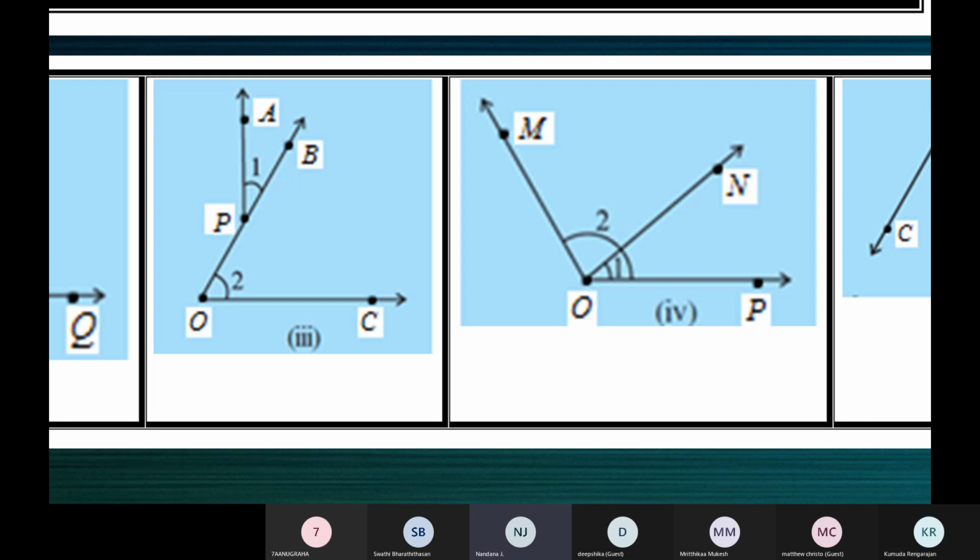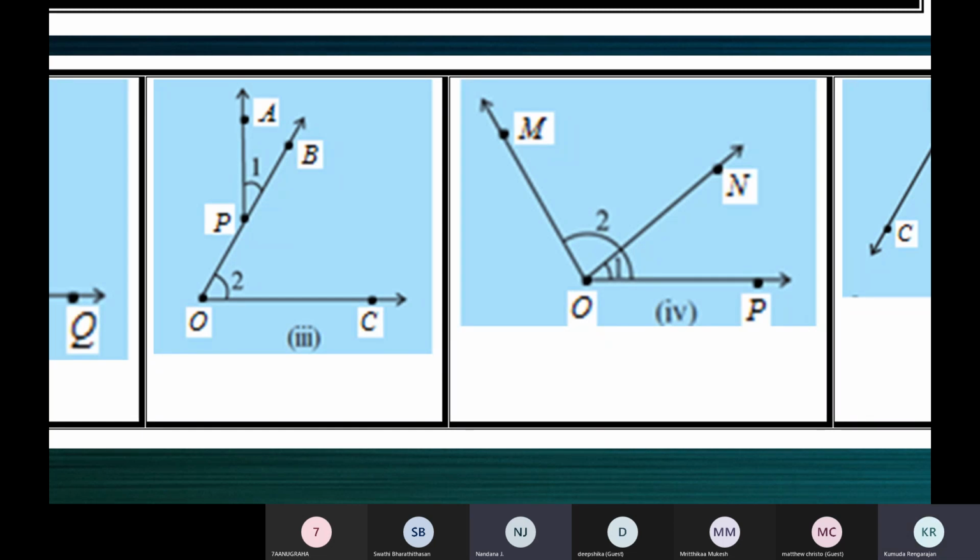Yes, ma'am. NOP, MOP. And what about angle 1? MON, ma'am. No, angle 1 is this one. This is angle 1, NOP.